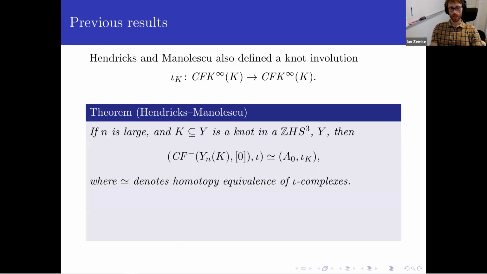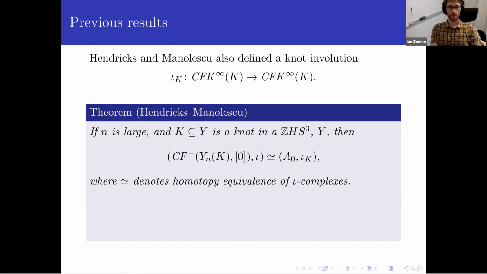We call it an involution for cultural reasons, but technically it's not an involution, but it's a helpful endomorphism. One of the things they proved was this large surgery formula.